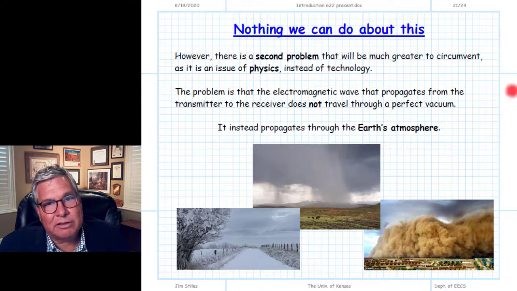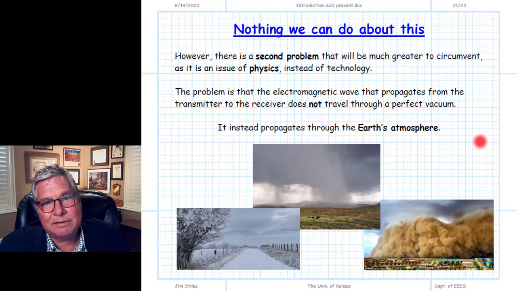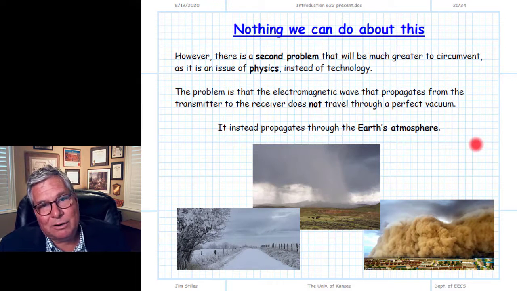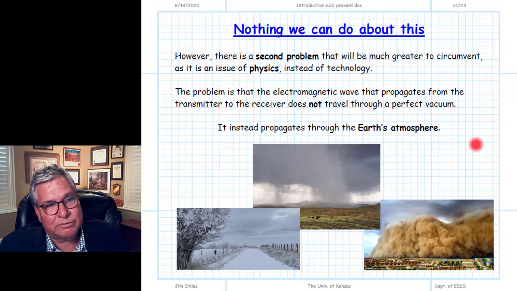We talked about earlier the fact that our electromagnetic waves, our transmitting waves, must propagate through the Earth's atmosphere. That's a consequence of the fact that primarily communication is from some human on the Earth's surface to some other human on the Earth's surface. And because of that, we're going to have to spend time propagating through the Earth's atmosphere, and the Earth's atmosphere is largely full of stuff.